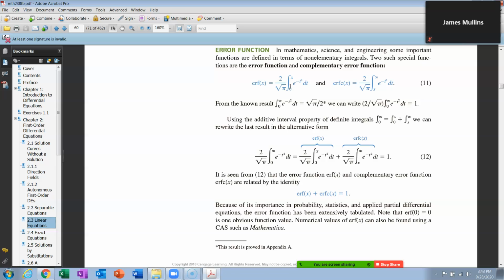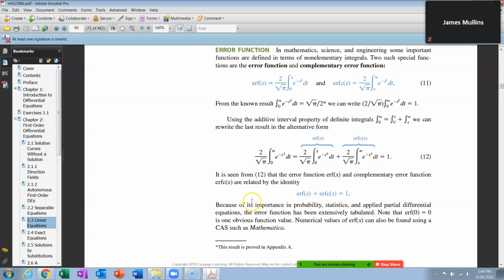Now, the complementary error function looks just like it, except now this is going from x to positive infinity. The rest of it is exactly the same, and we still can't take the integral of that thing. So from the known result that from 0 to infinity, combining those, this thing is equal to square root of pi over 2.